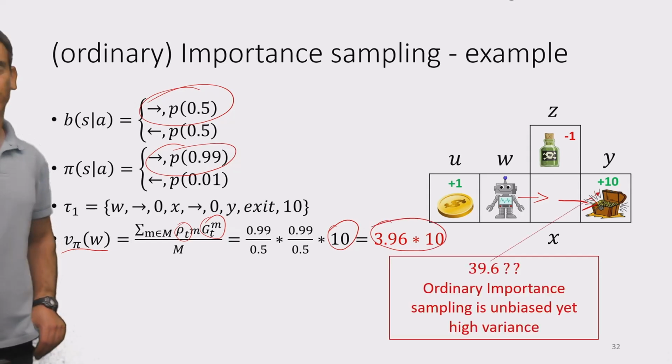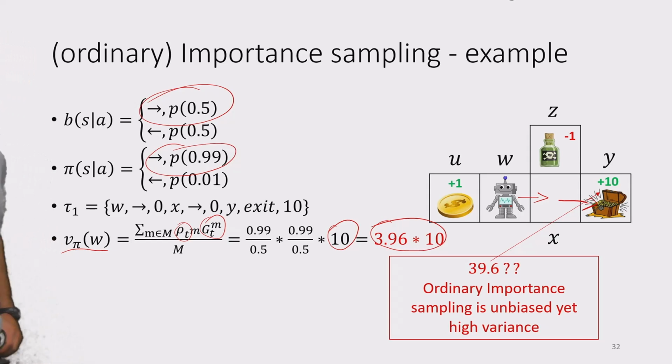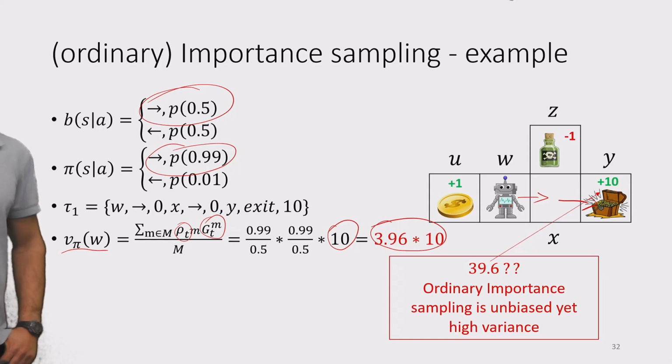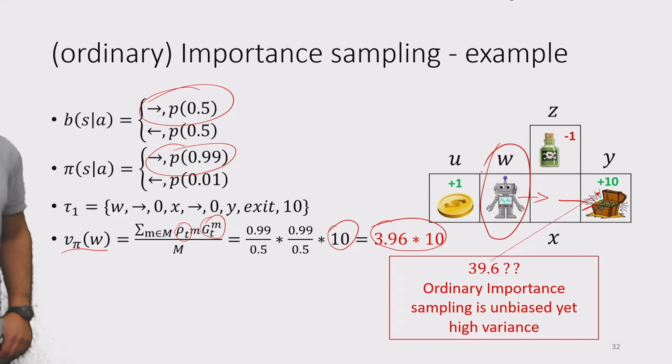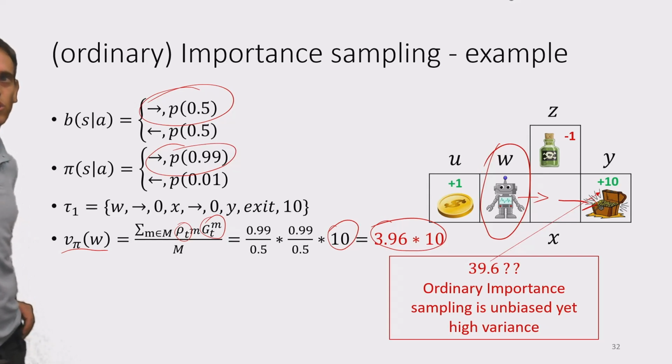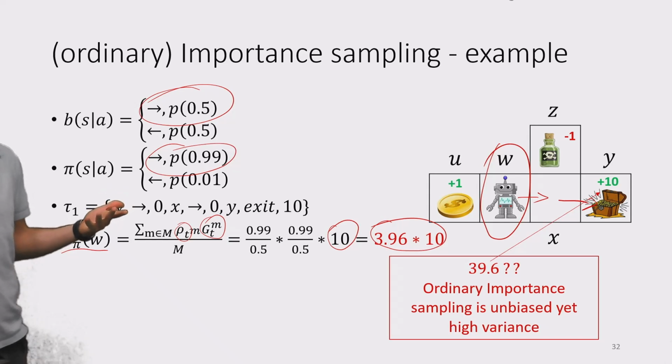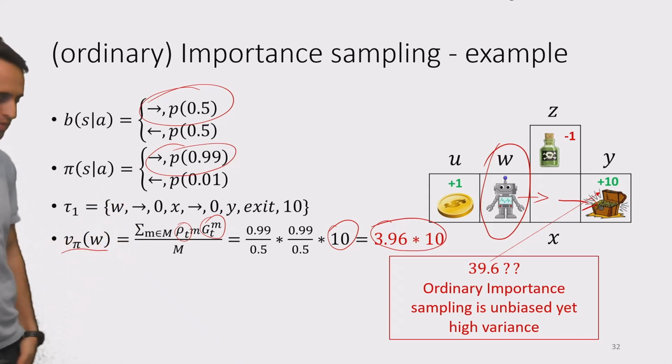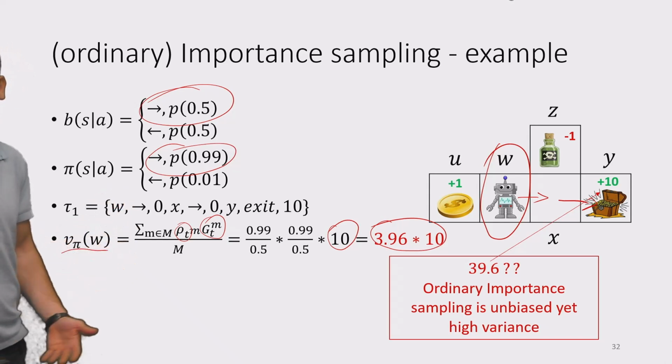Now this is a bit of a weird result because it will tell us that we need to update our state value estimation for state W to be 39.6, which seems a bit weird as the biggest reward that we actually observed in this episode is +10.